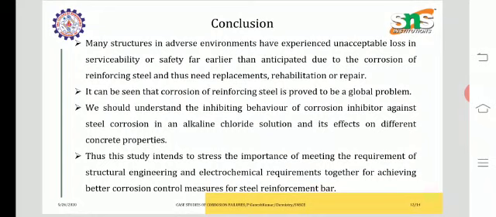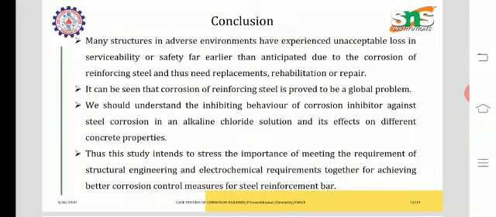The buildings near the seashores get easily corroded because of the influential effect of the sea. The salt water or the moisture containing salt acts as an electrolyte, which will influence the corrosion more.